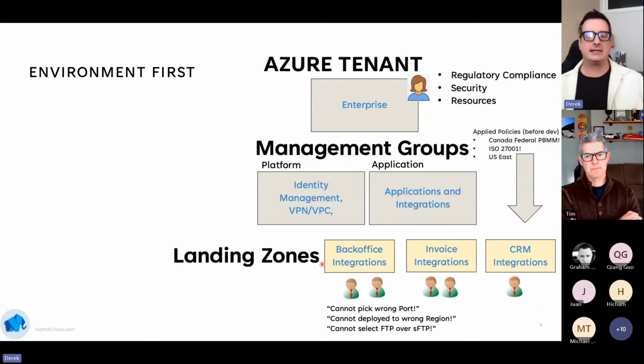And really at this level, they're just called subscriptions. So it's an Azure subscription that you would thread up and call back office integrations, a subscription called invoice integrations. And at this level, we can also apply RBAC access controls, policies, and cost management and alerting on costing, budgets on costing. So it's really well thought out top down.